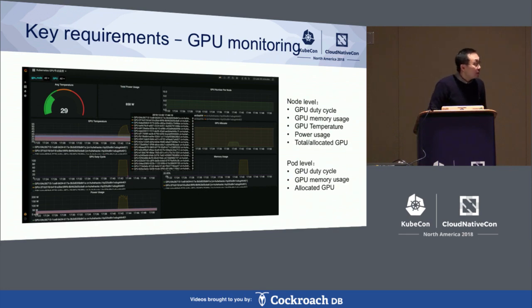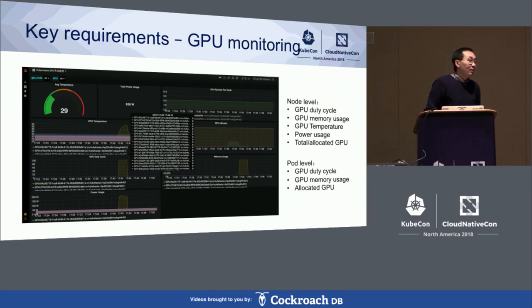Our GPU monitoring is a little bit different from other normal device monitoring. One of the interesting metrics is the temperature, especially when you use a GeForce card, for example a 1080 Ti for your training, because it's not an enterprise level card.